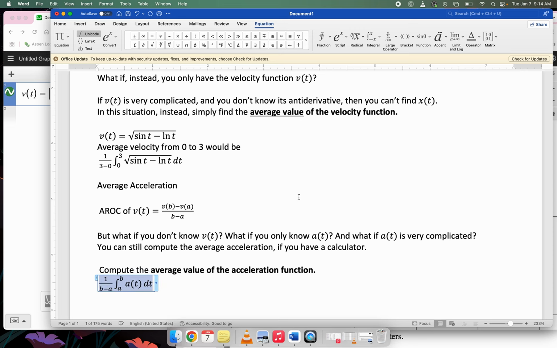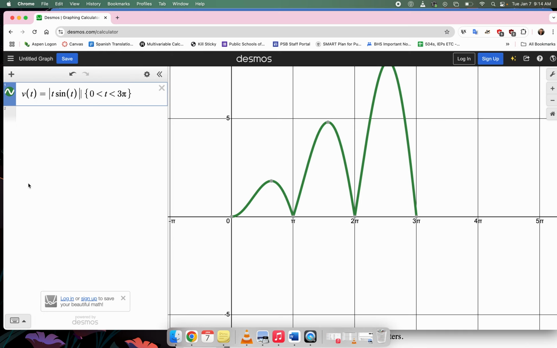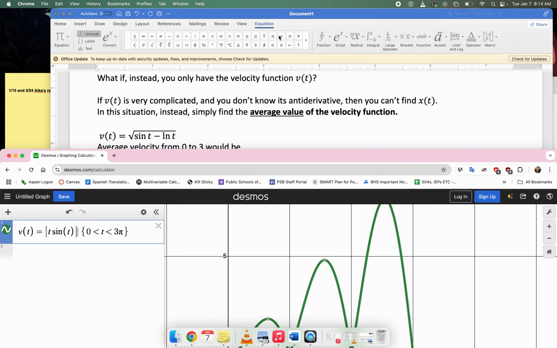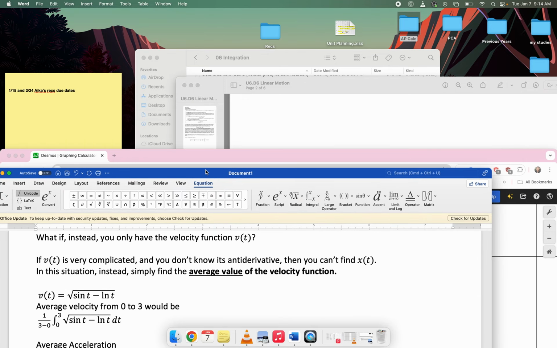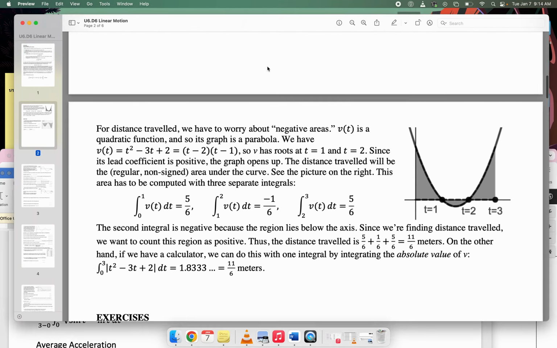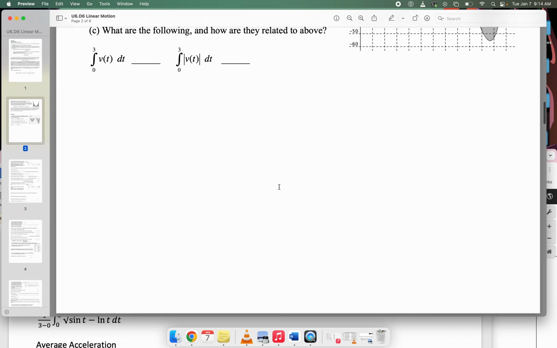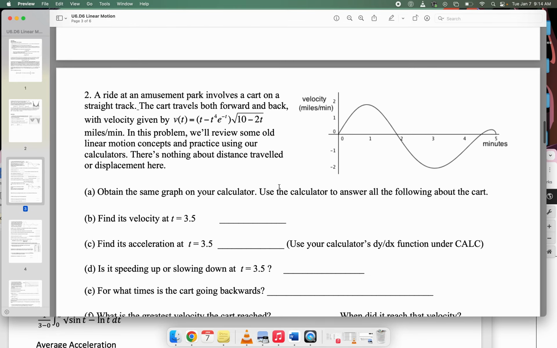That's what this guy is. And even if a is very complicated, you can still compute this if you have a calculator. Okay, you're not going to be able to find an antiderivative, but you can still do it with the calculator. So really be aware of the fact that there are these two methods of computing the average velocity and stuff.